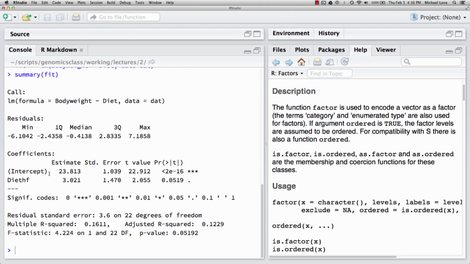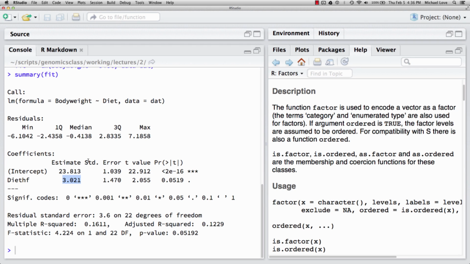So there was an intercept column, and then there was another column which indicated if the mice were fed a high-fat diet. So the intercept, the estimated coefficient was about 23, and the difference between the high-fat fed mice and the control mice was about 3. So the weights were about a difference of 3.